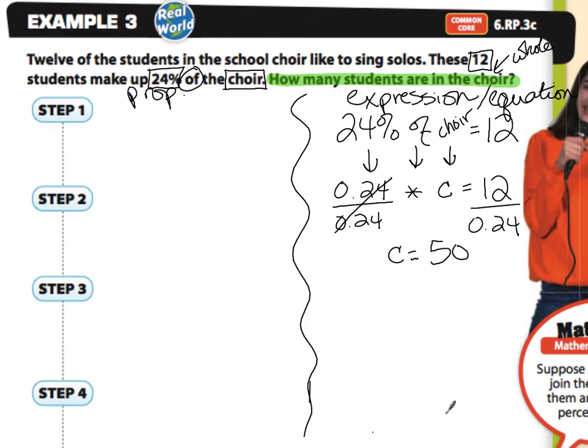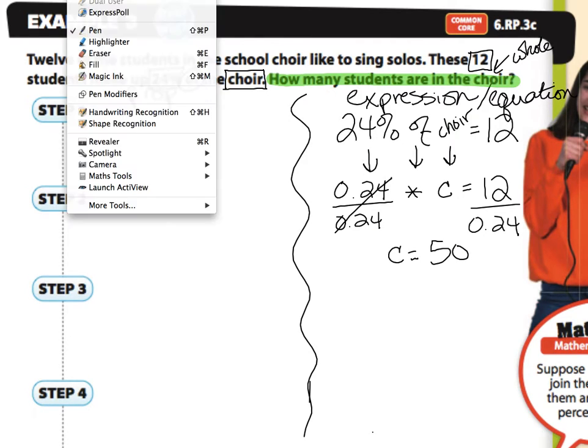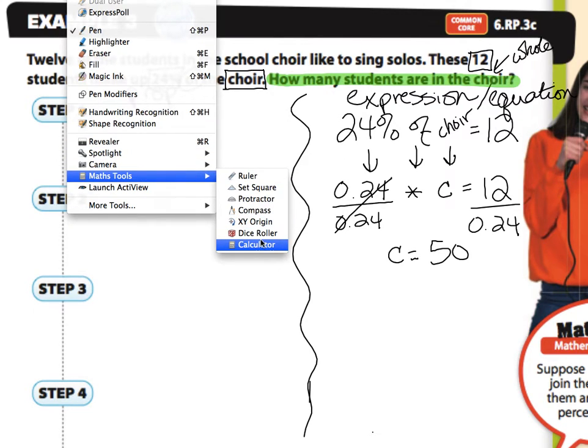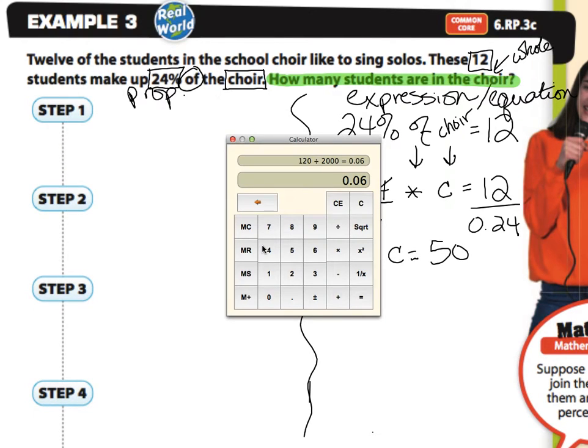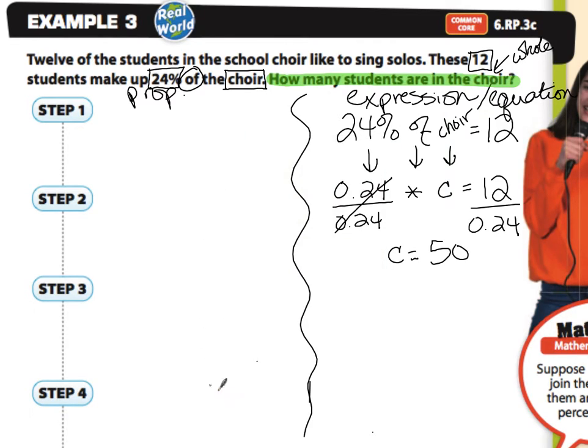And I know that seems weird, but when you divide by a decimal, you are going to get a larger number. All right, so let's double check my math. Because, you know, we're human, we make mistakes. 0 and 24 hundredths. Hey, look at that, I didn't make a mistake this time though. So I know that C is equal to 50, 50 being the number of students in the choir.